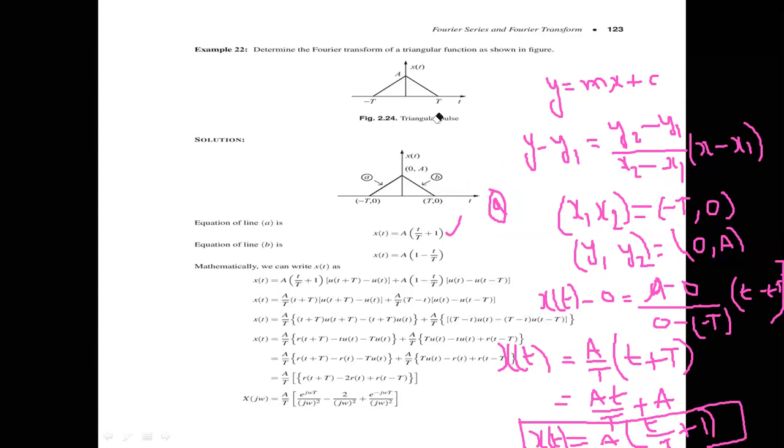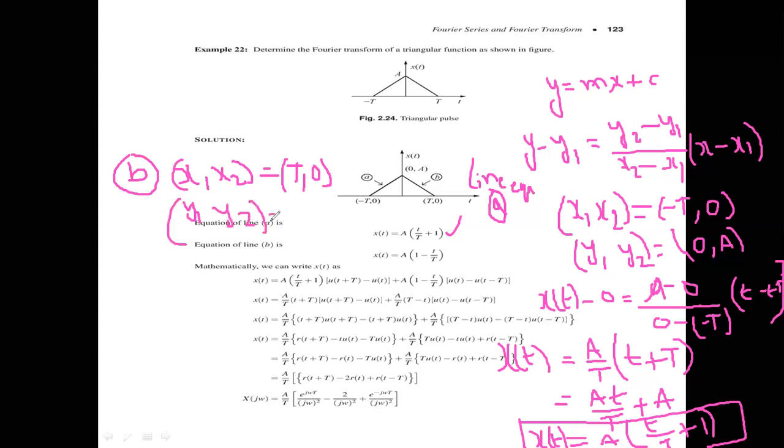This is a line equation, because I substituted y minus y1 and x minus x1 also. And come to the line equation of b. What are the coordinates here? In the x-axis, x1, x2 is t comma 0, my dear students, t comma 0. And y1, y2, the same thing, 0 comma a.